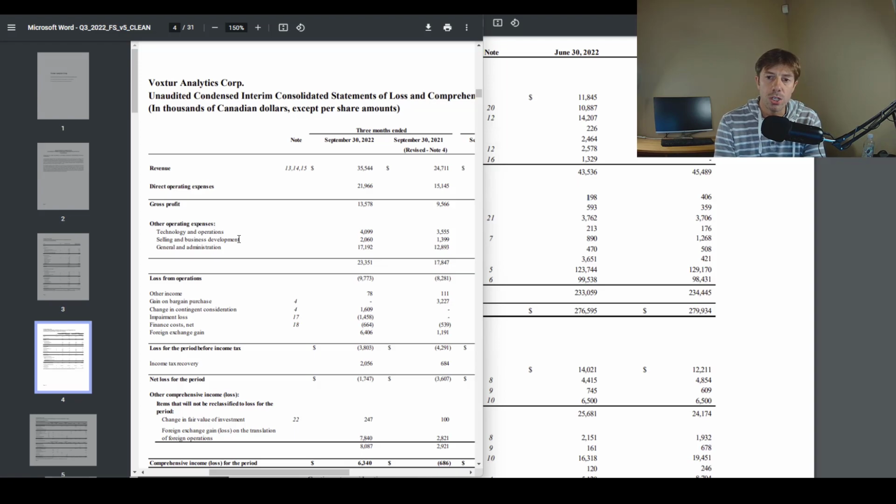So in other words, if this didn't happen, Voxtur would have shown revenue growth for the quarter, and it would have shown positive EBITDA. That's pretty crazy, insane.